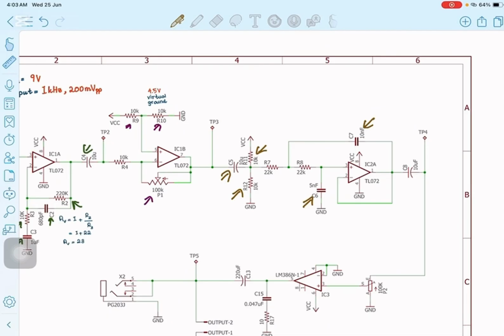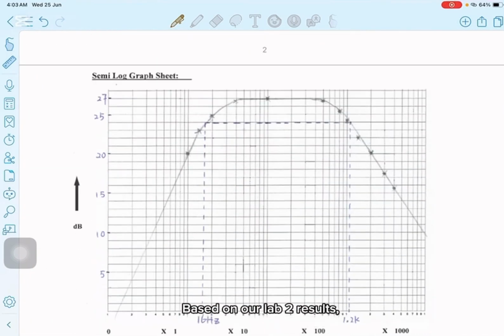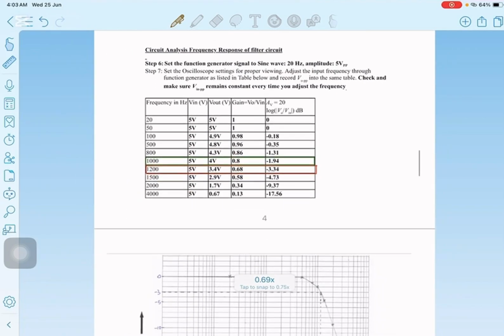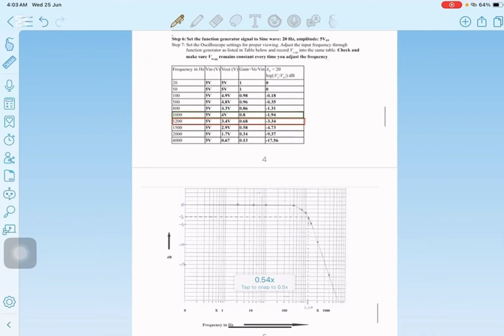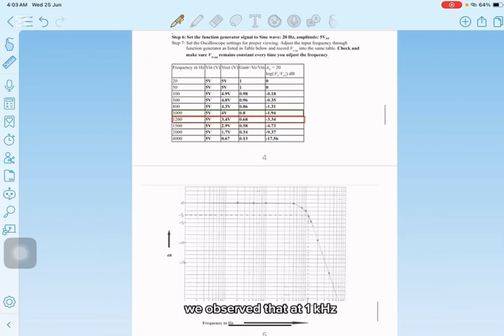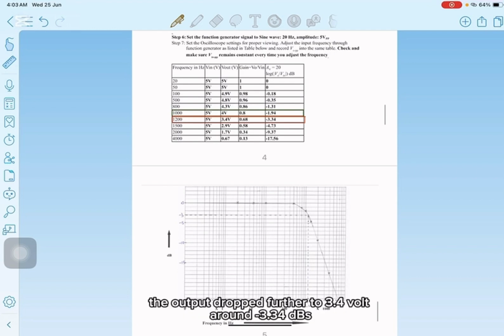Based on our Lab 2 results, we observed that at 1 kHz, the output dropped from 5 volts to 4 volts, which is about minus 1.94 decibels. At 1200 Hz, the output dropped further to 3.4 volts, around minus 3.34 decibels, which confirms our expected cutoff frequency.